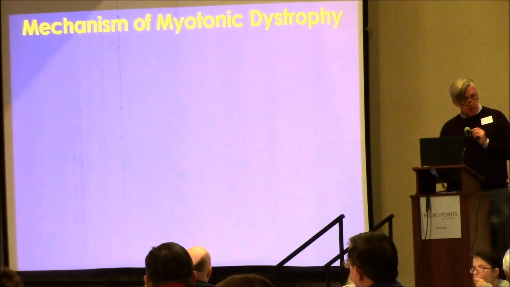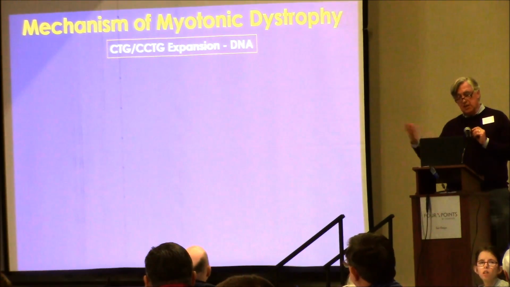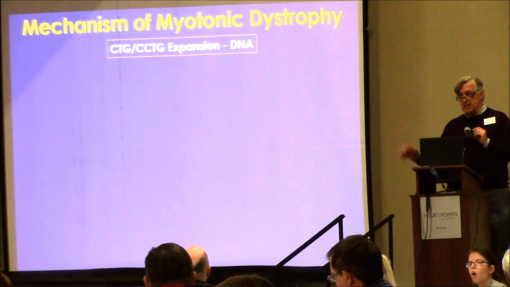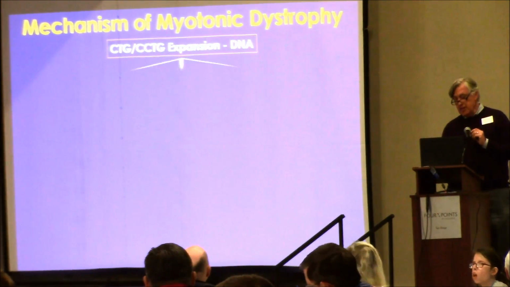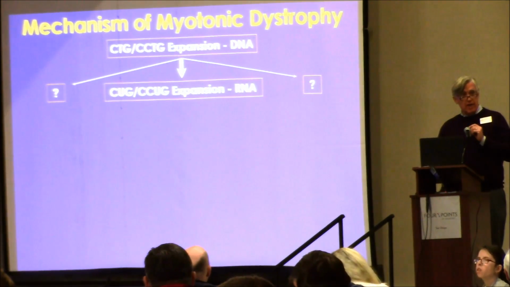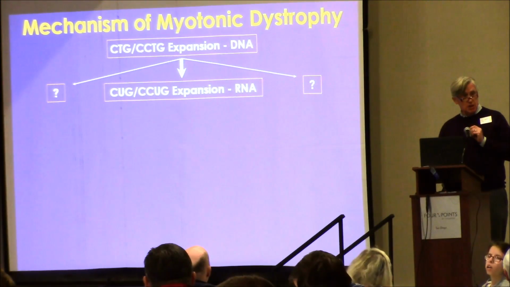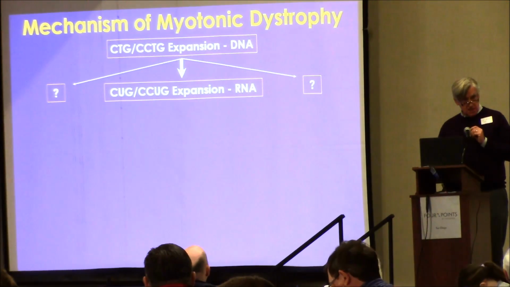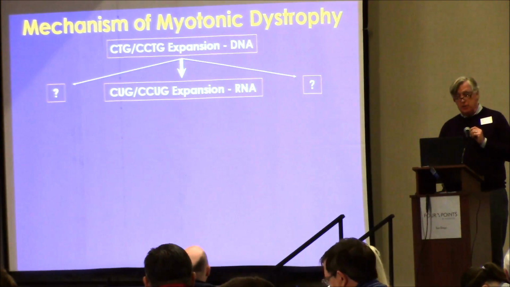So to summarize all of this, what's the cause of myotonic dystrophy? It's that DNA. And the DNA is read into RNA, and you have that expansion, CTG or CCTG in the different types, going into the expansion.